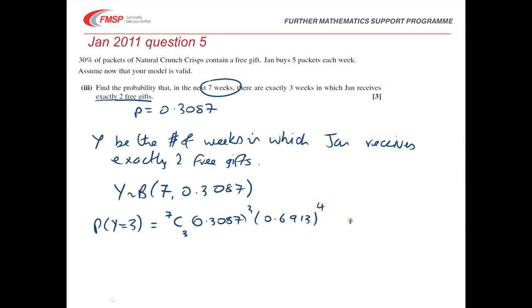Okay, and we're going to get a method mark for that. We're going to get a method mark for defining the distribution as well in terms of the probability of success. And then calculating this through gives me 0.235. And there's my final accuracy mark. So be aware that sometimes you may be asked to sort of redefine a distribution and do something slightly more different with it.